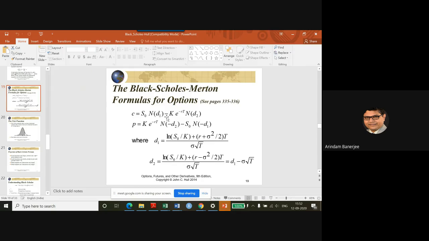This is a complicated looking formula, but if we look into it carefully, we will find that there are 5 variables on the right hand side.